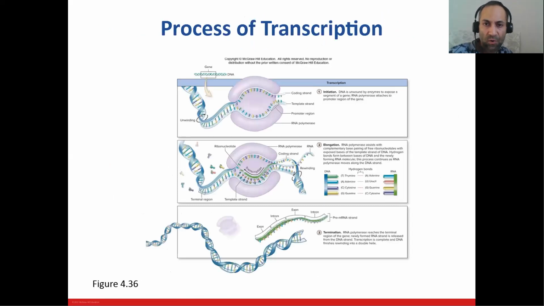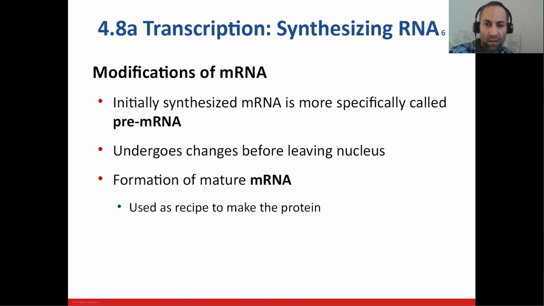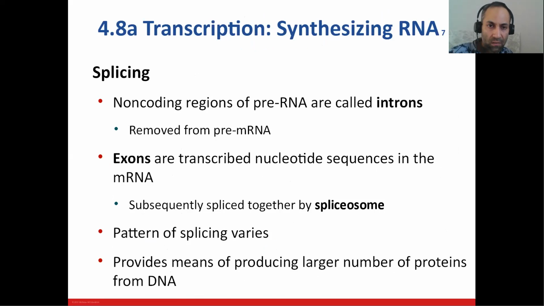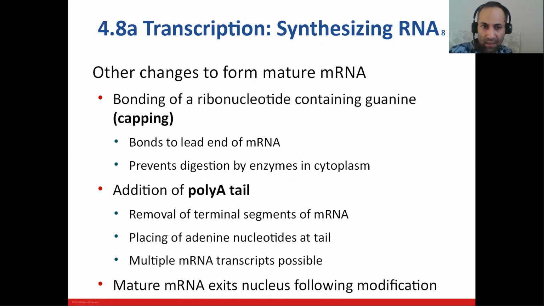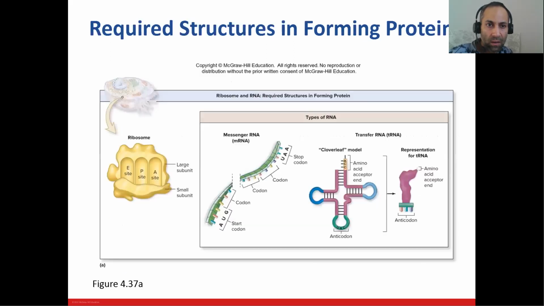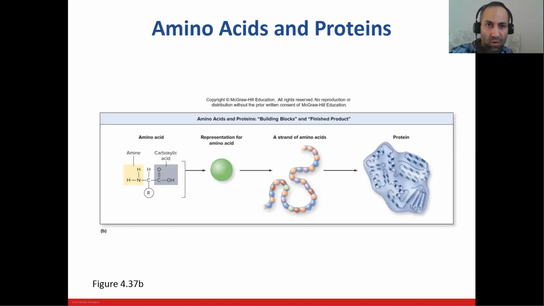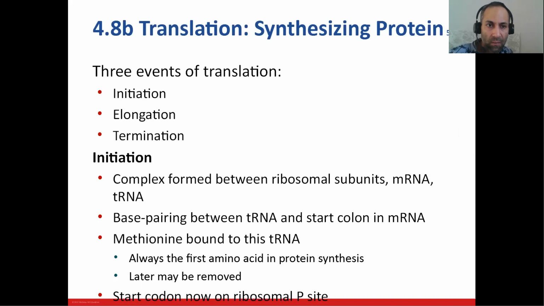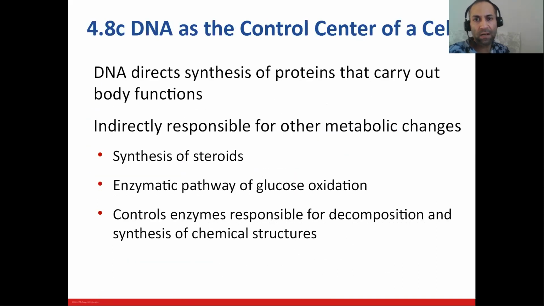How does transcription take place? You can see it here. mRNA processing, splicing, exons, introns, guanine capping, poly A tail, translation, codons, anticodons. You can see all of those in the picture here. That's all you needed to know.